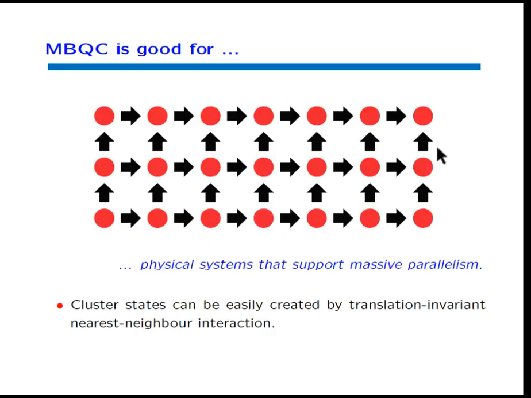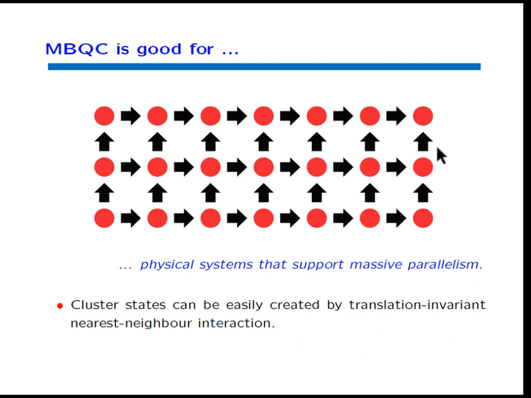So now I'm getting back to the point that I already mentioned earlier, the point about parallelism. It is good if your physical system where you implement it has inherent parallelism in the interaction. So there is a way of creating cluster states in one step, no matter the size. Such physical systems exist.